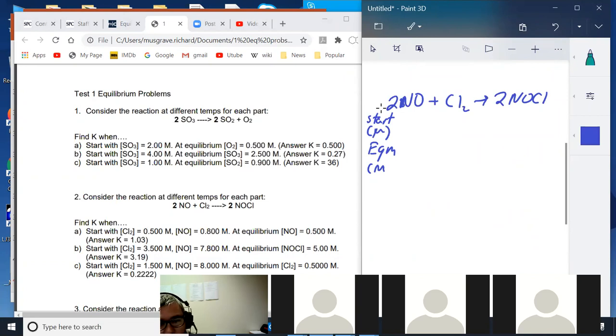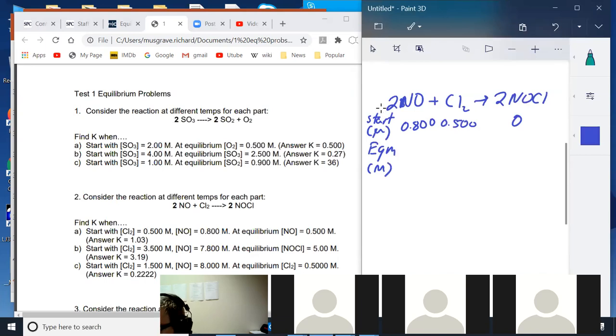At the beginning, we're always given the amounts of the reactants: 0.800 and 0.500. And here we always assume we're starting with zero product, because all we've got is just reactants at the very beginning.